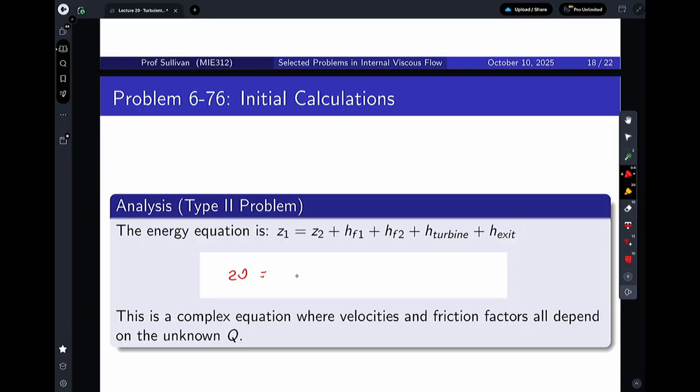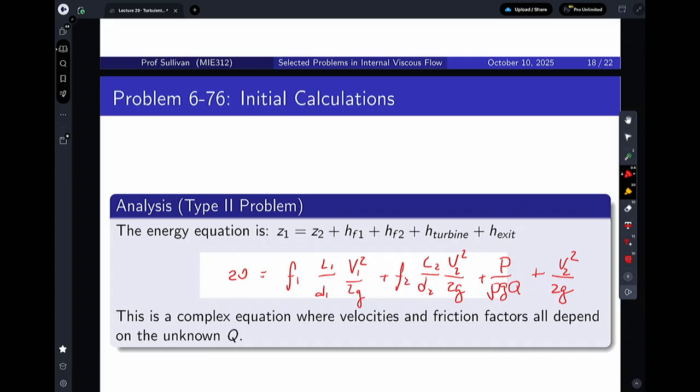So 20 equals F1 L1 over D1 V1 squared over 2G plus F2 L2 over D2 V2 squared over 2G plus P over rho G Q plus V2 squared over 2G.